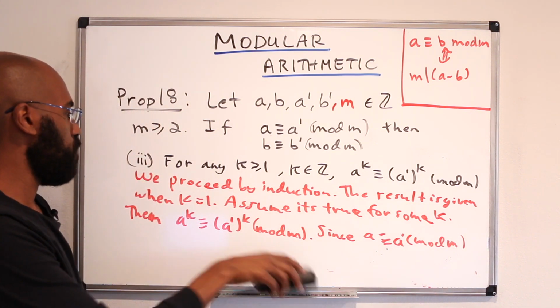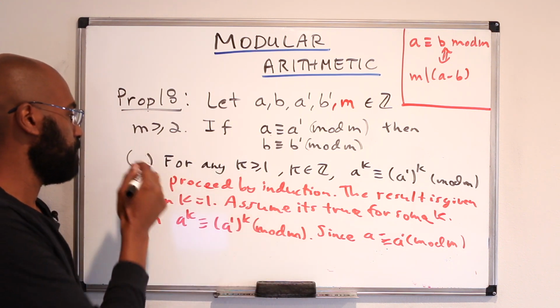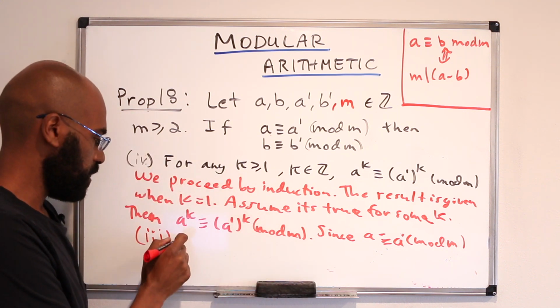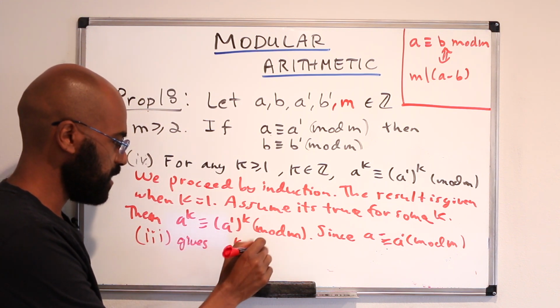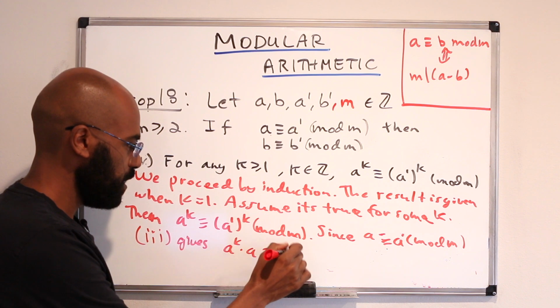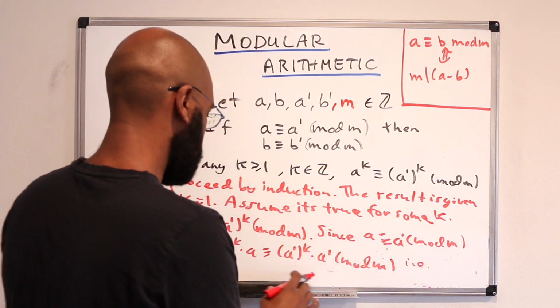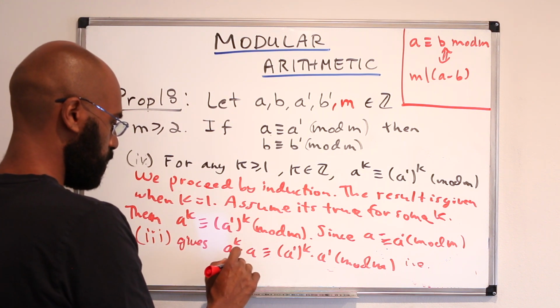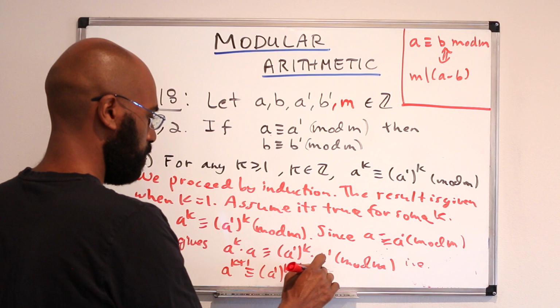This is condition 4 now, so we can use condition 3 that we just talked about earlier. 3 gives A to the k times A is congruent to A prime to the k times A prime mod M, i.e. A to the k plus 1 is congruent to A prime to the k plus 1 mod M.